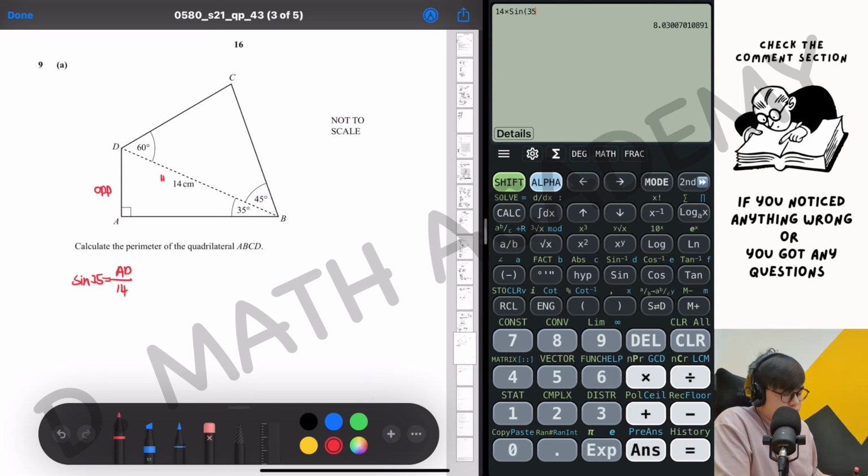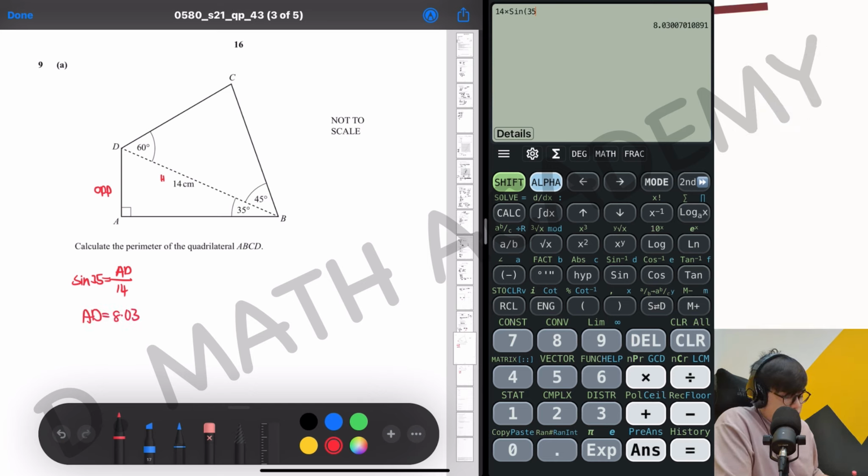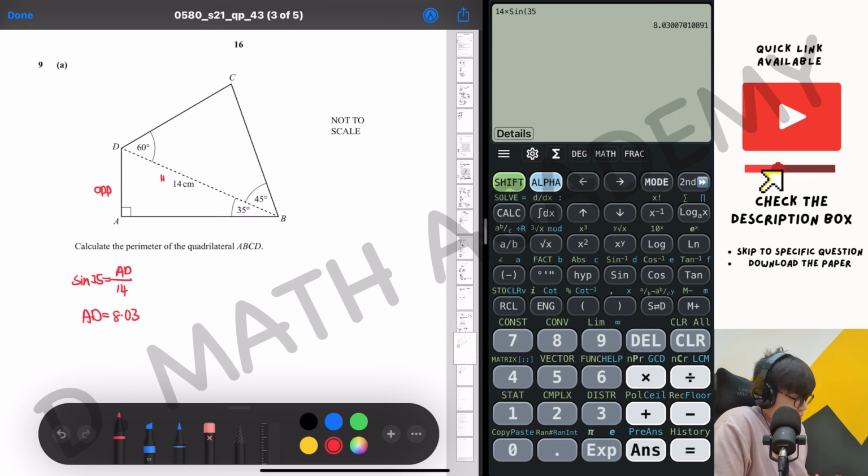We get AD's result as 8.03. So you can take 14 squared minus your answer squared, square root the answer again, and you will get 11.5 for the other side.